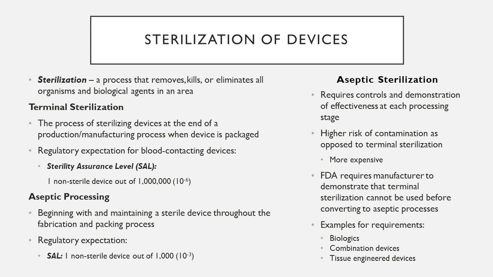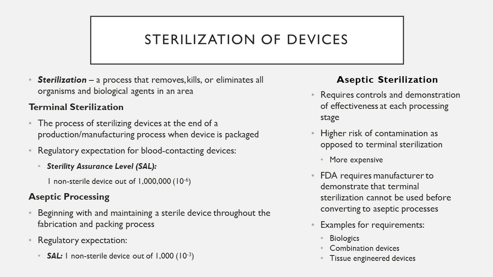Now, while this sterility assurance level sounds better for the manufacturer because it might be easier to achieve, and perhaps not so desirable for the patient, it's actually incredibly difficult to achieve because aseptic sterilization is itself a very difficult process. It requires quality control measures to be demonstrated and effective at each of the processing and handling steps.